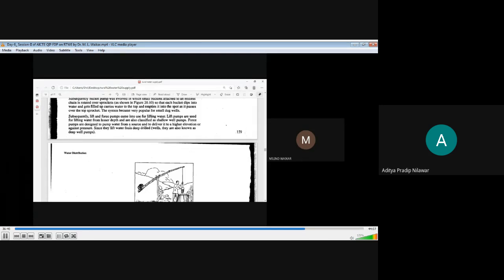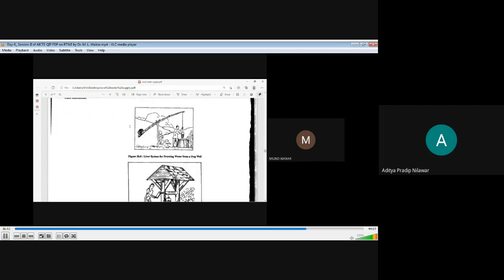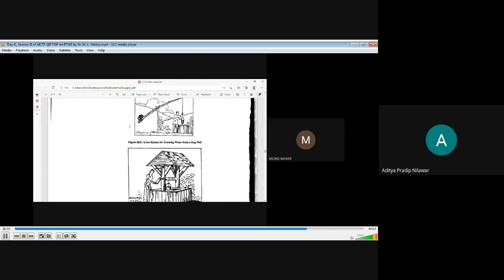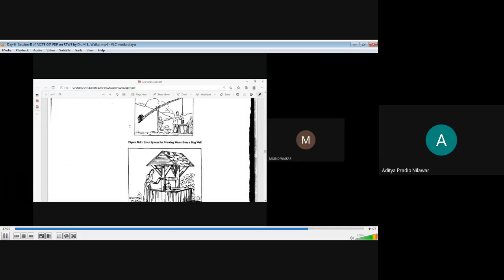Now we have various versions of pumps, which can be used for shallow depth wells as well as bore wells also. These sketches show those developments in the field of drinking water. Earlier, as I said, this rope and bucket, and then we can have some lever arrangement to ease out the efforts required for lifting the bucket filled with water.